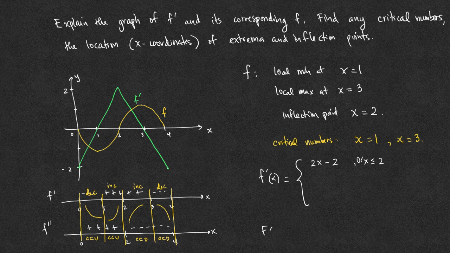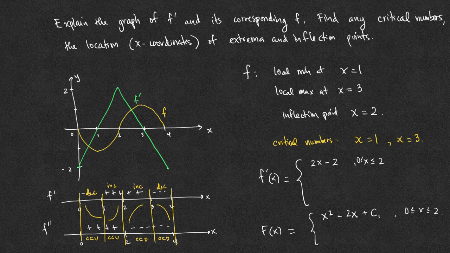An antiderivative for the first piece, if we were to guess it, would be x squared minus 2x. And again, it can be shifted up or down with a constant. This is the antiderivative on the interval 0 to 2.